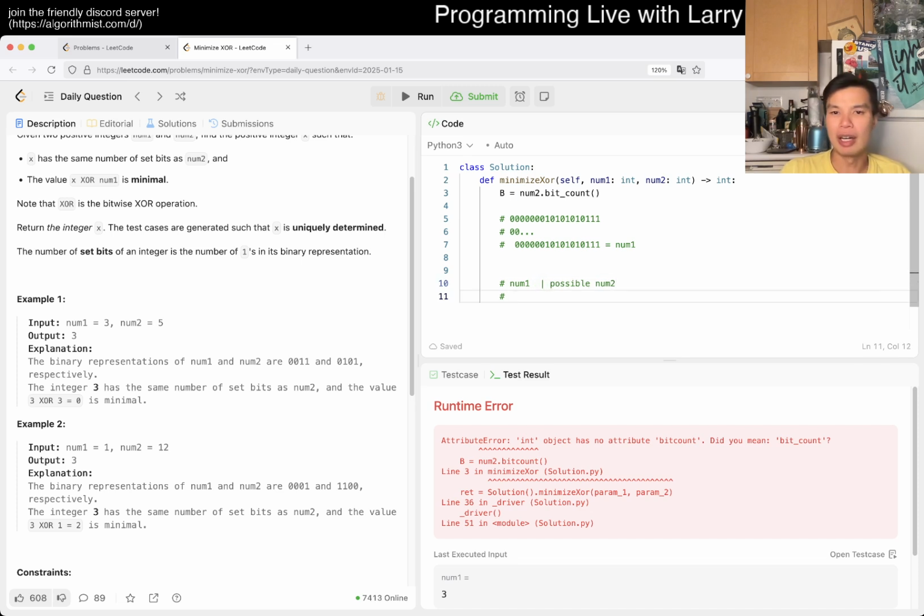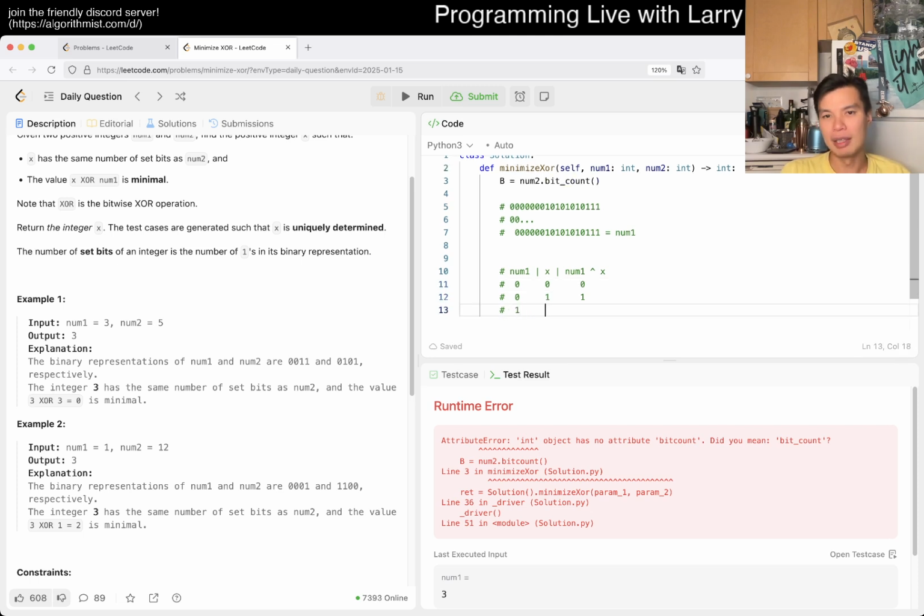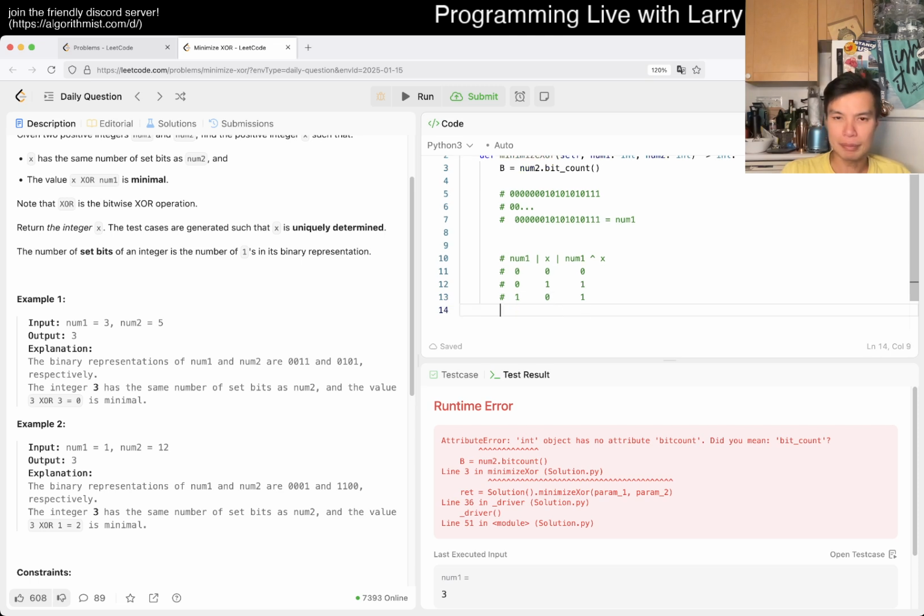Not num2, sorry, this is x in the notation, and then num1 XOR x, right? So now you have 0, we have 0, then this is going to be 0. I don't really need to write this out for y'all, but I am anyway. Okay, so what is the idea here, right?